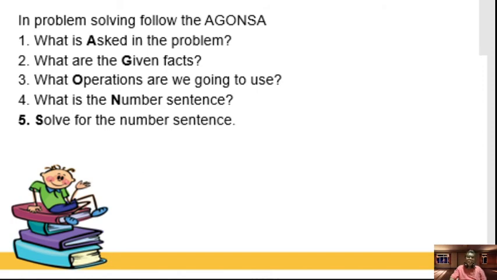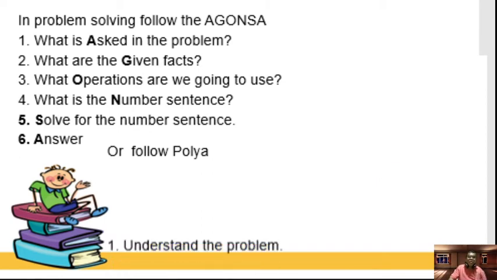Solve for the number sentence and answer. So, A stands for asked, G for given, O for operation, N for number sentence, S for solve, and A for answer.